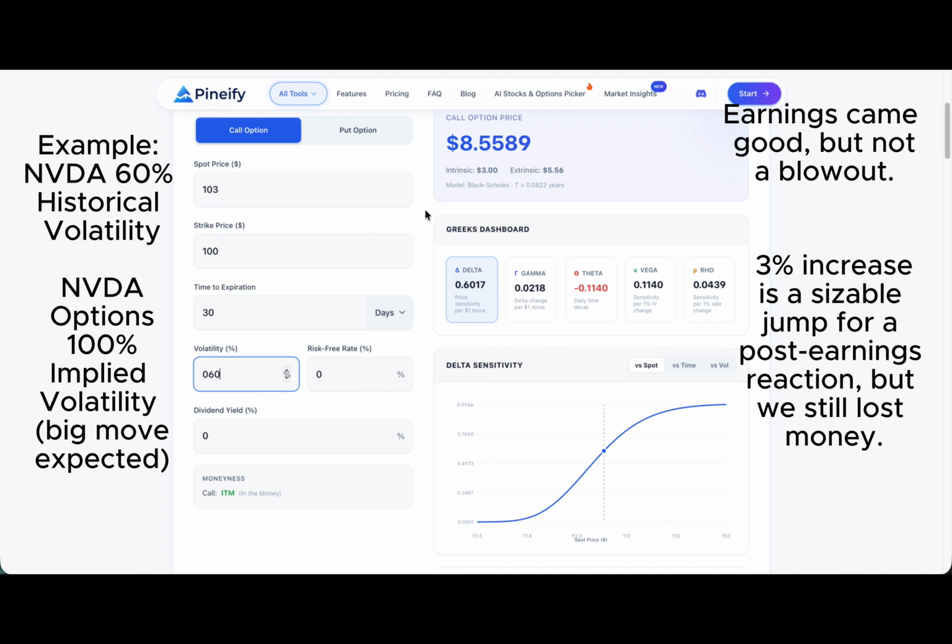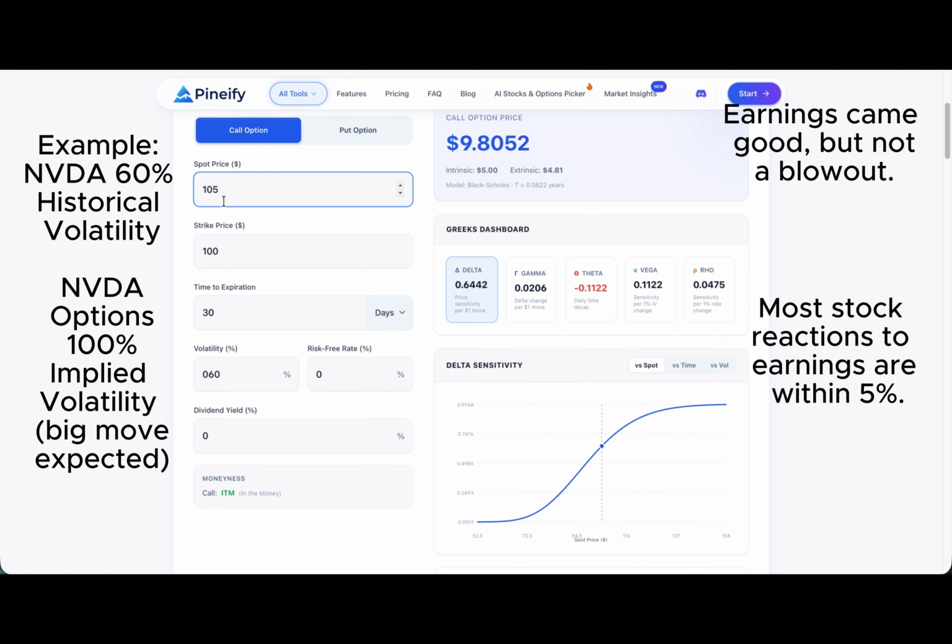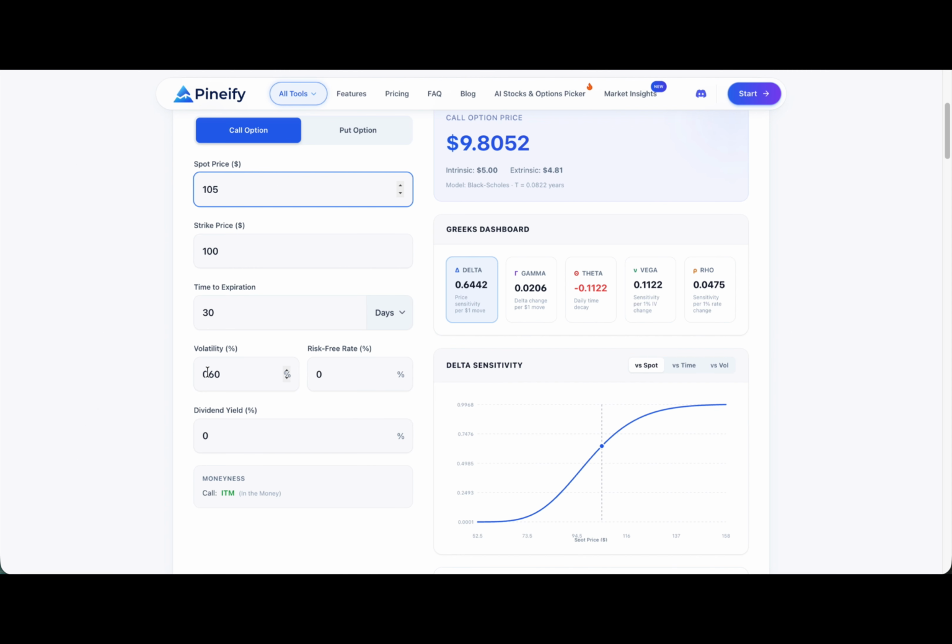is less valuable. And even if we use, for example, a 5% appreciation, which under normal circumstances is quite good, a 5% reaction post earnings is usually a very strong gain. But what happened is that because of the fall of volatility, because the uncertainty is gone, the earnings are out, the traders are no longer in need to trade options because the results of the earnings are already known.